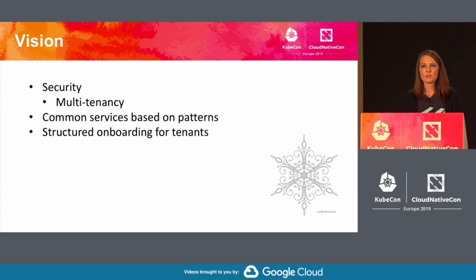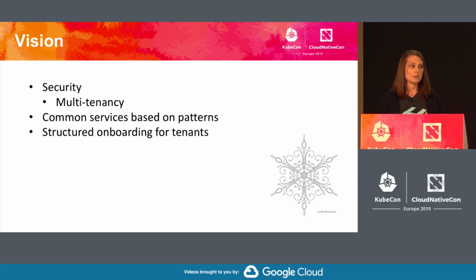And then we have common services that are based on patterns. And these are patterns that we found when we were speaking with application teams. And it's things like ingress, monitoring, logging, continuous deployment, tracing. So all of these common tools that everyone needs. And we need it to be easy for tenants to onboard. So the Snowflakes give us this opportunity, and we're able to draw on a pattern to find what everyone needs.